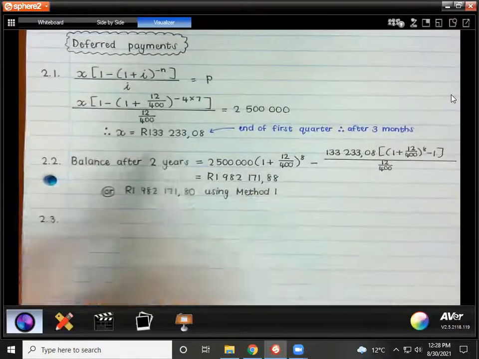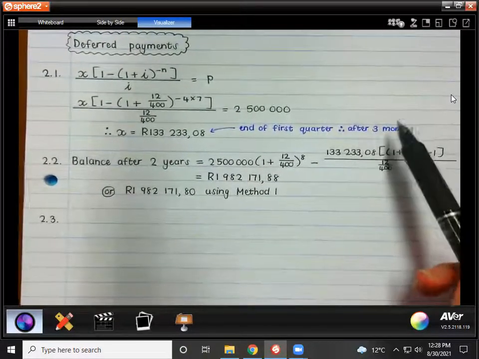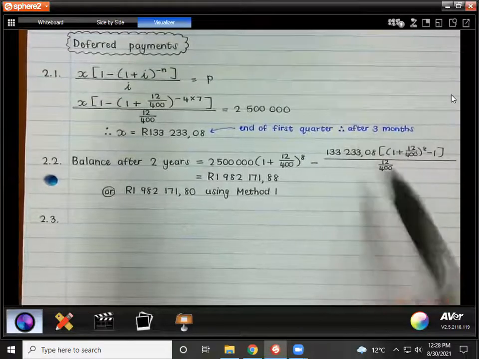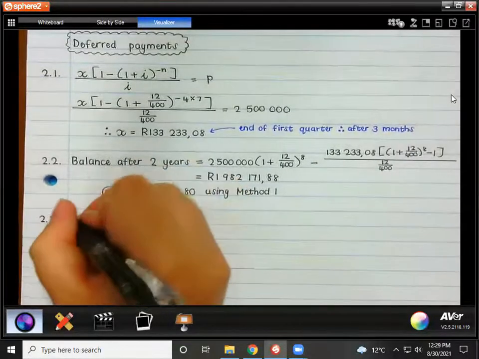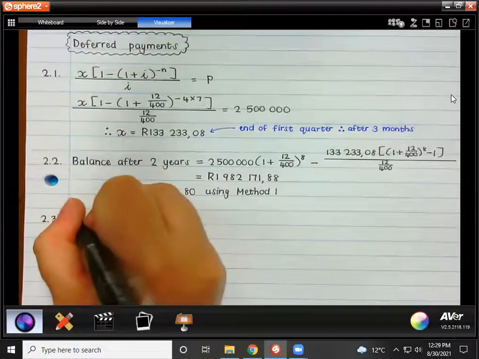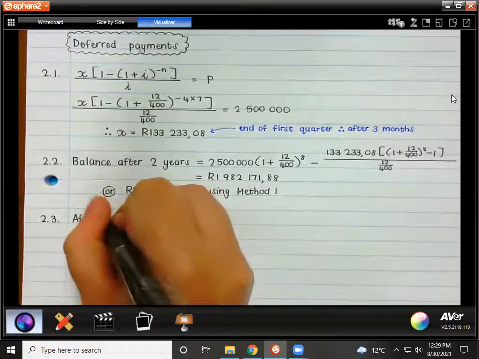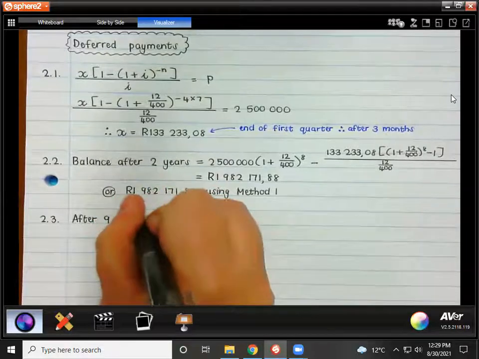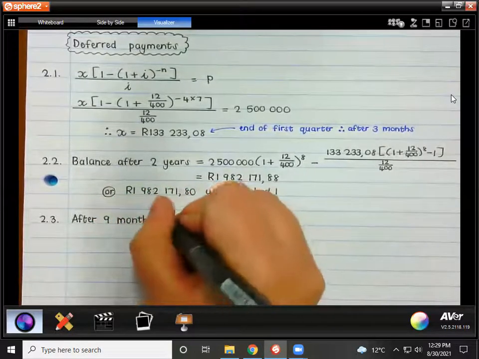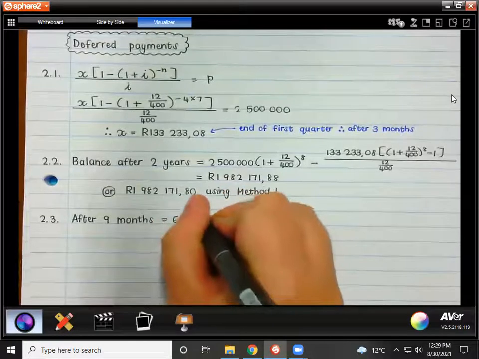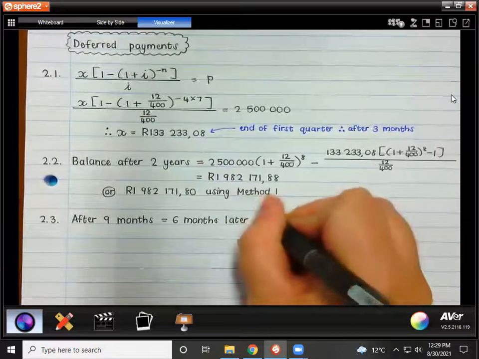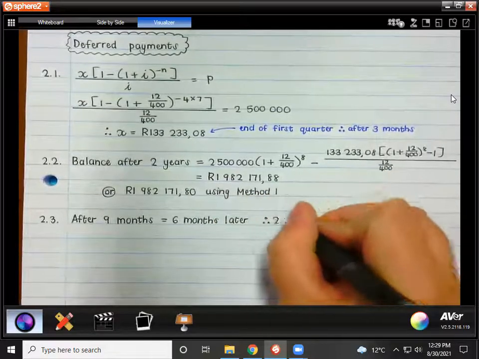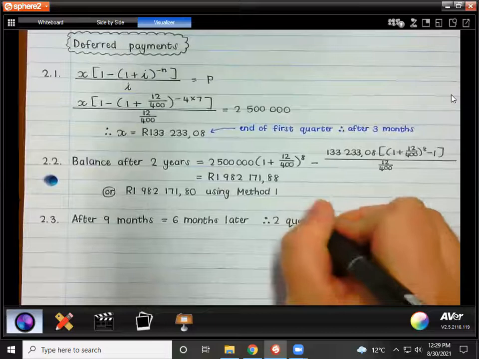Usually, or in this, the normal scenario, they paid after 3 months. If they're now making their first payments after 9 months, do we agree that that is 6 months later? Right, so how many quarters is that? 2. All right, so after 9 months, I'm just going to write a little explanation here. Obviously, in a test or exam, you wouldn't have to. But after 9 months is equal to 6 months later. Therefore, 2 quarters later.